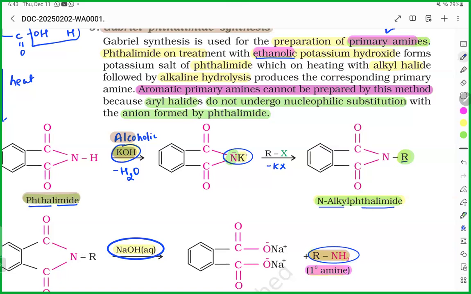No, sir. Why can we not make aromatic primary amine by this method? Because if you take a benzene ring, you know aryl halides do not undergo nucleophilic substitution reaction, according to haloalkanes and haloarenes, right?